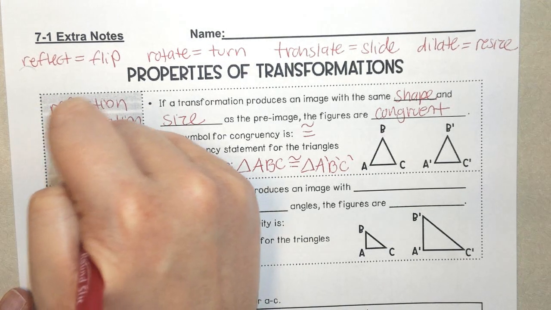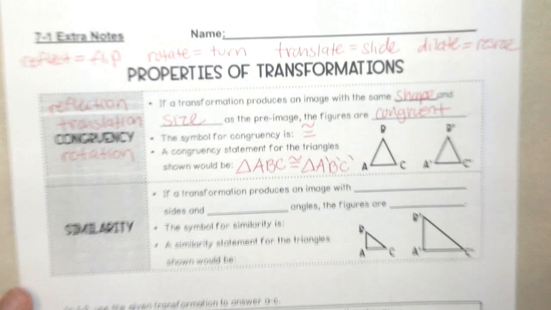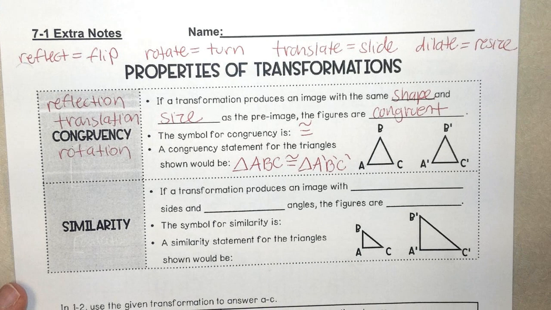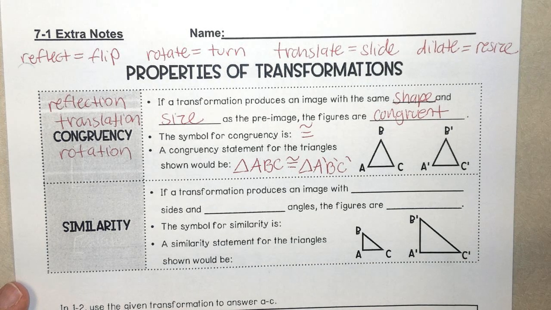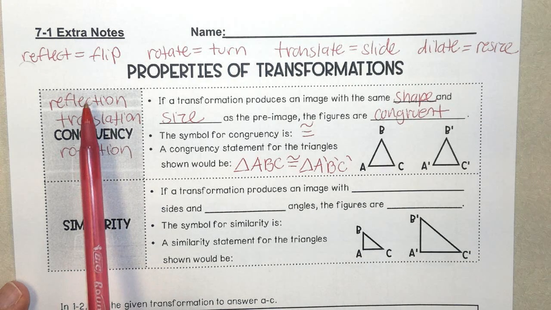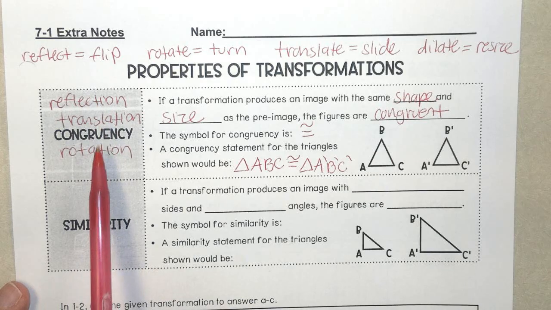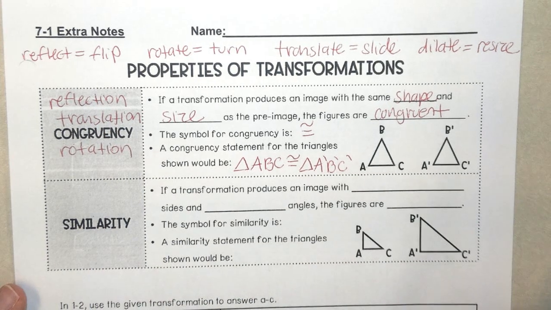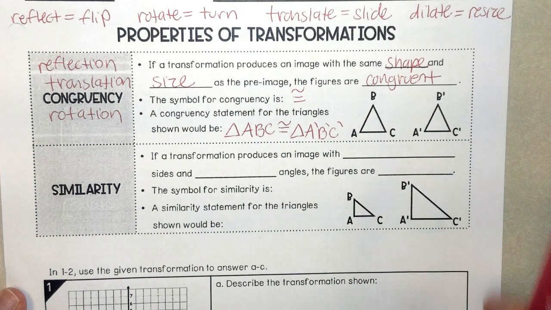Rotation. Is there another? No, because the last one changes the size, and to be congruent it has to be the exact same shape and the exact same size. So anytime we see a reflection, translation, or rotation, we know they are congruent. Otherwise, they will be similar.